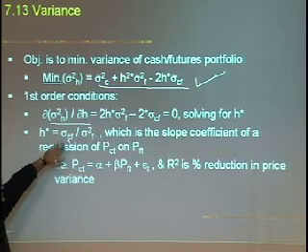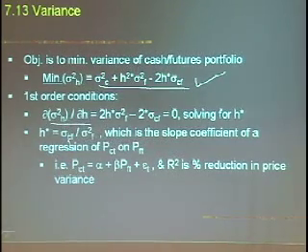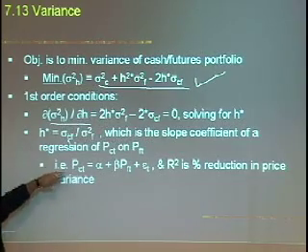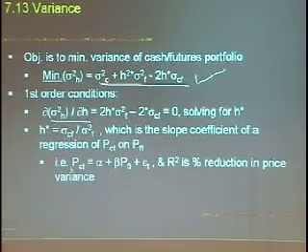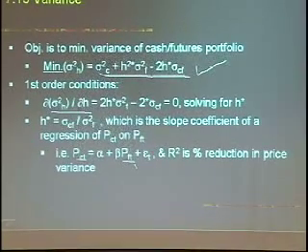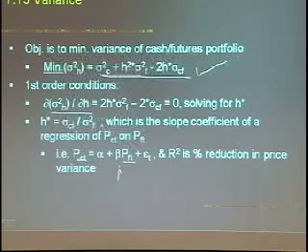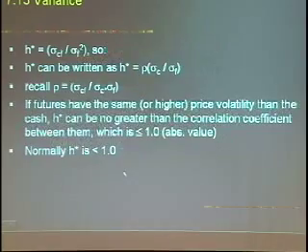That's what this is from regression theory. But you don't have to remember that. It's a way to estimate h star. You can estimate h star by running this simple regression where the dependent variable is cash, the independent variable is futures, and your estimate of beta will give you an estimate of h star. So it's a very convenient way to estimate the optimal hedge.